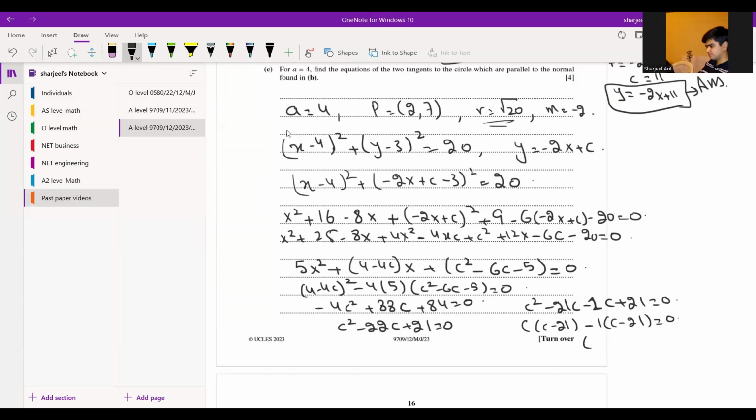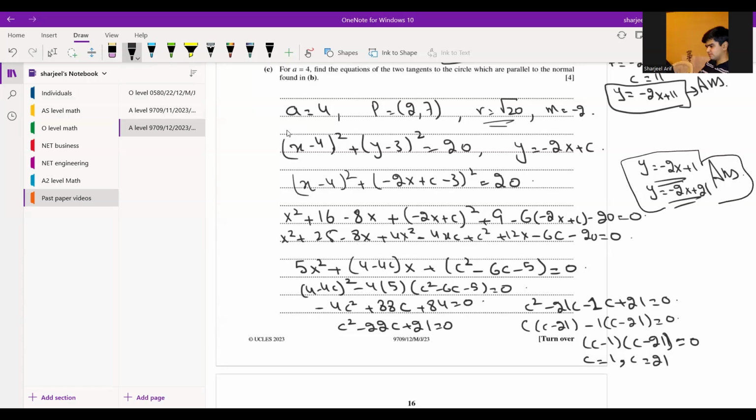So the answer will become c - 1 or c - 21. So the two values of c will be either c equals 1 or c equals 21. So the two equations will become y = -2x + 1 and y = -2x + 21. These will be the two equations of tangent, and that would be our answer.